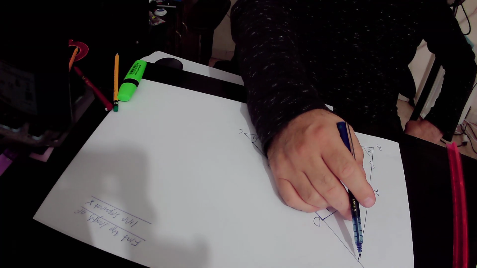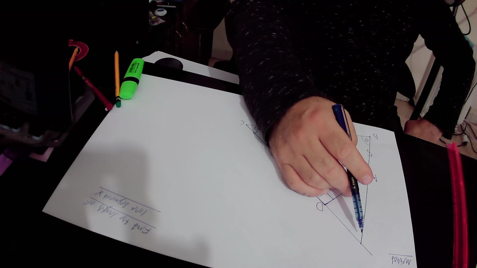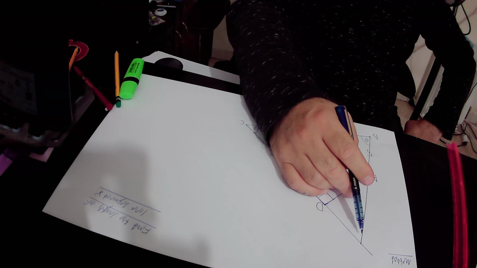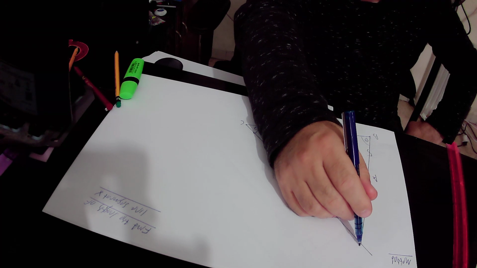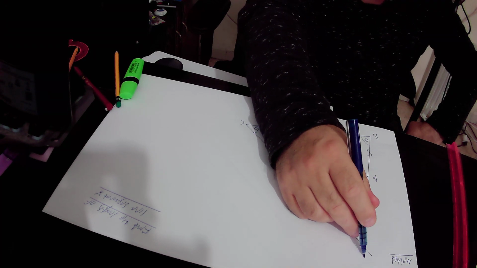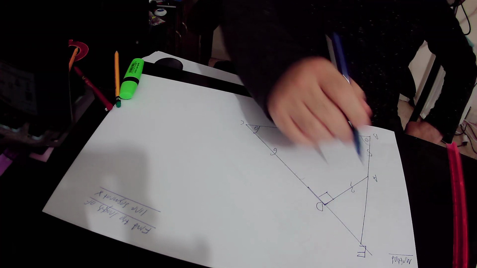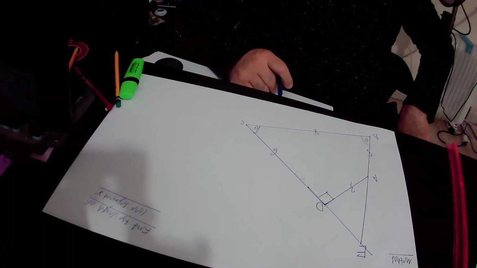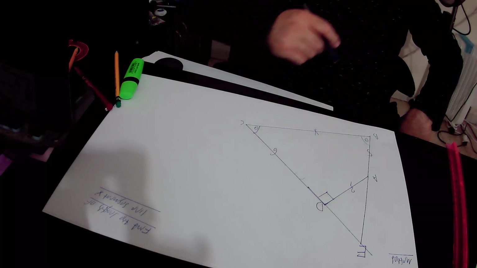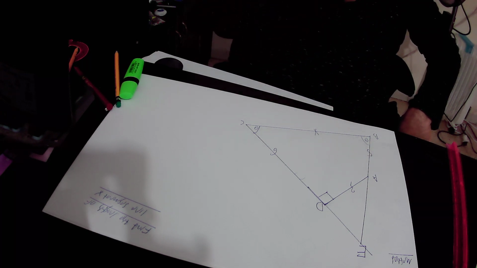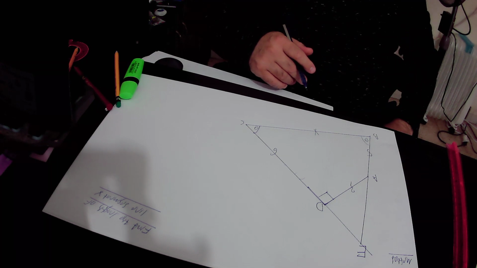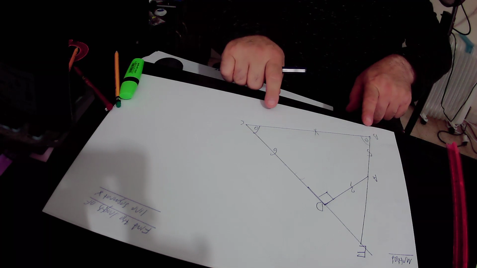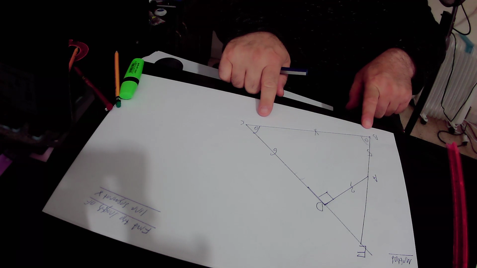This point is the intersection point between the extended side AB and the extended side CD. So we define this point as point E. So actually we created here triangle EBC. In triangle EBC we have two angles that are equal to each other, they are both equal to theta.